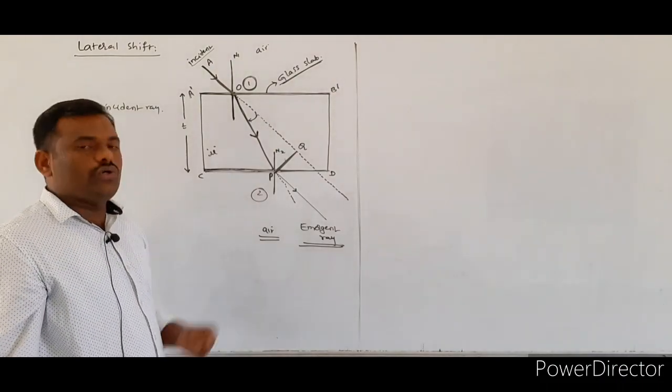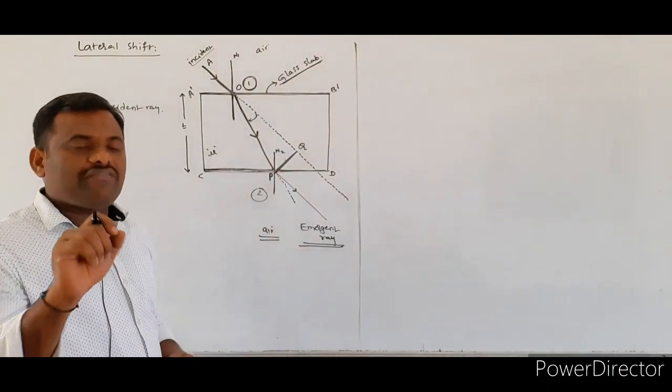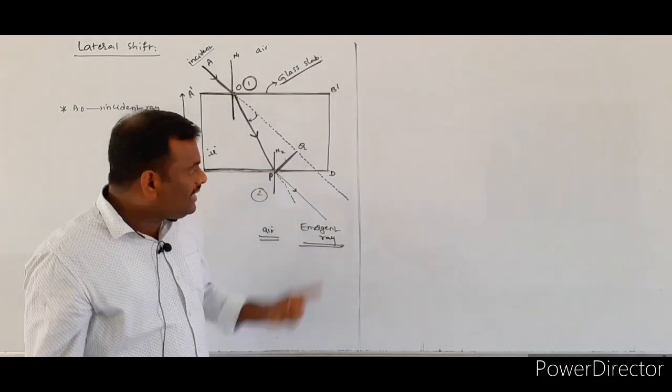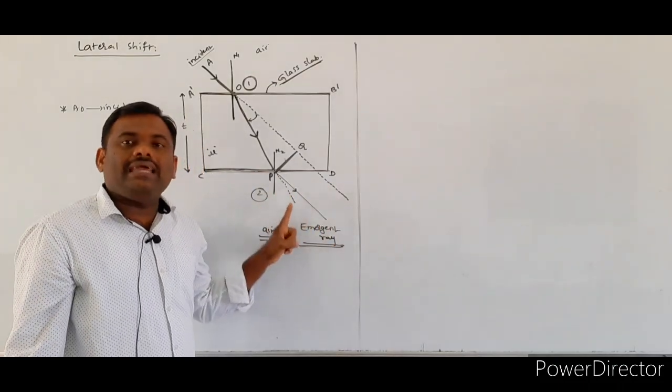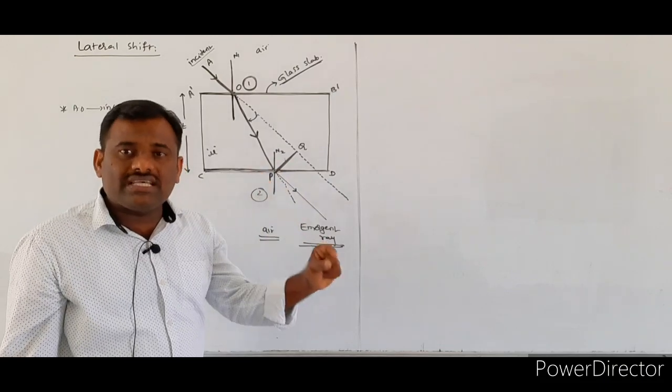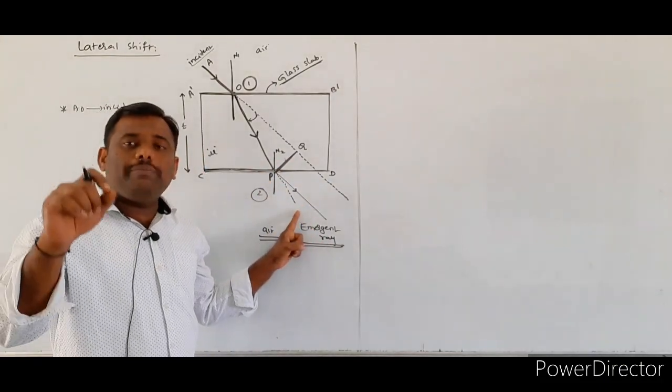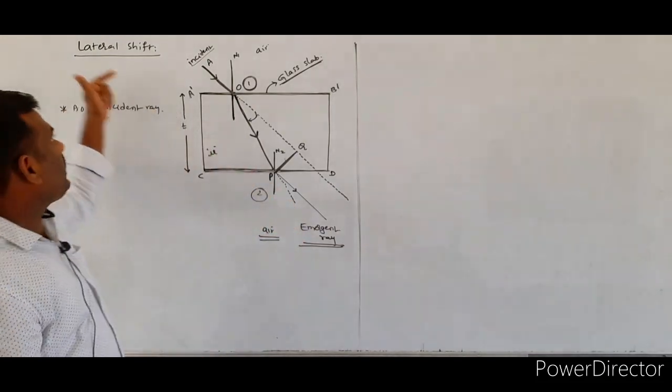PQ is the perpendicular distance of separation between the incident light ray and the emergent ray, which is called the lateral shift.